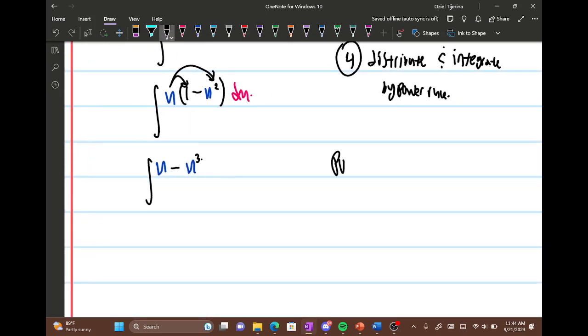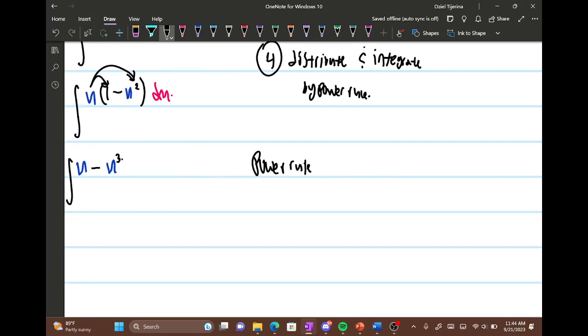The power rule says that the integral of u to some power n du is equal to u to the n plus 1 over n plus 1.